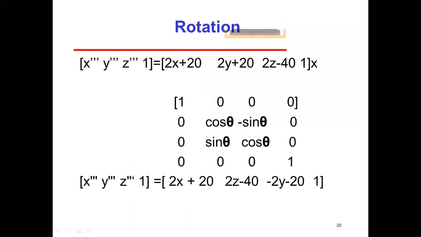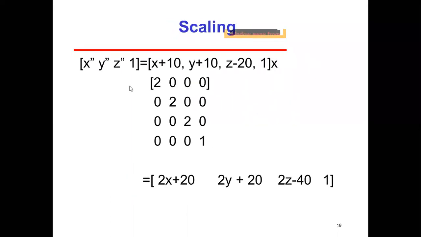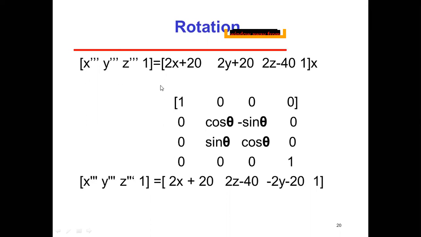Now you can apply scaling. This gives x double dash, y double dash; solve the problem again in this form. We get this after multiplication of these two, and after that you can apply rotation. After rotation you will get this equation.